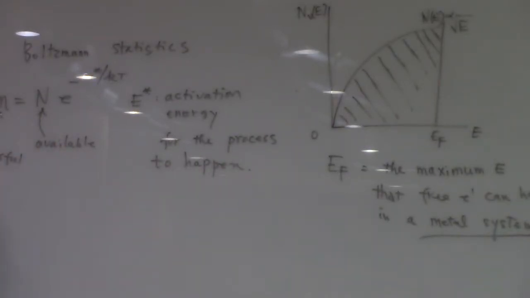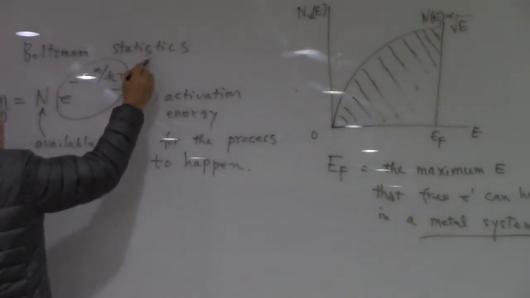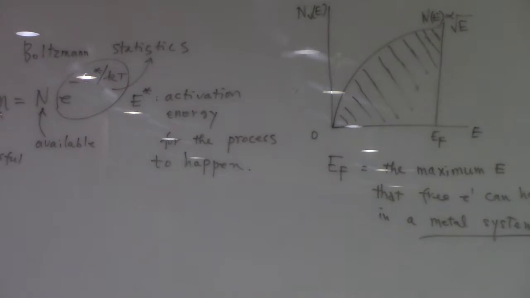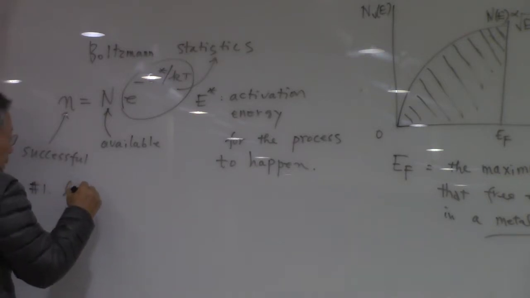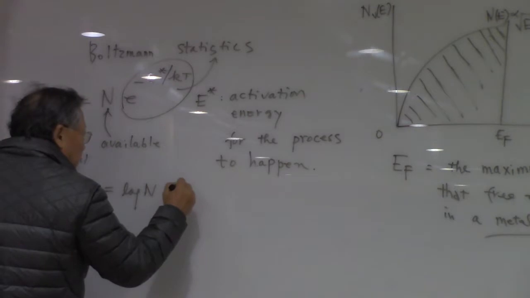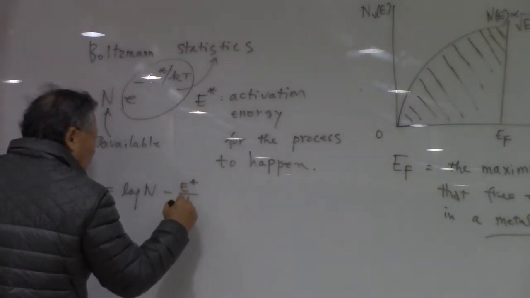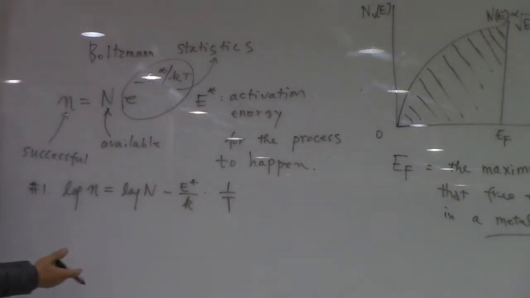Two things can be noticed from this equation. This is, of course, the statistics itself. One is when we take a log of this, E star over K and 1 over T, it should show something like this.